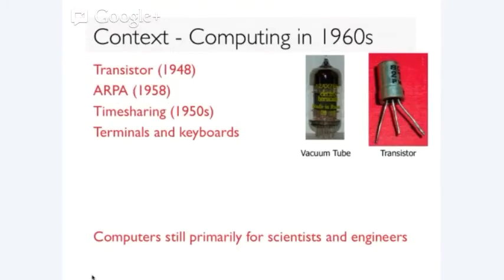So just a little bit of context of what happened in the 60s. The 60s saw widespread availability of transistors, which at the time were thought of as better versions of vacuum tubes. And where were they mainly used? Well, they were mainly used in the national telephone system.